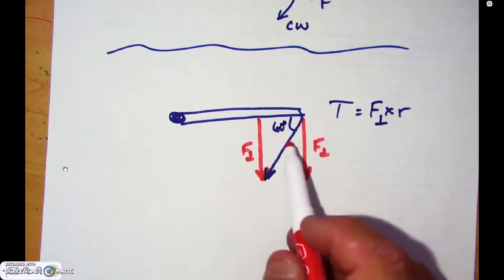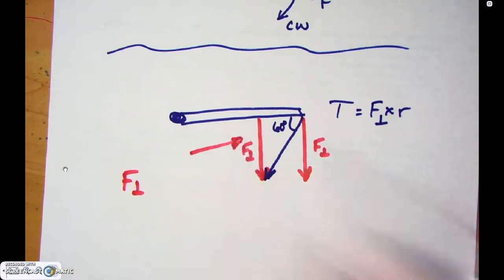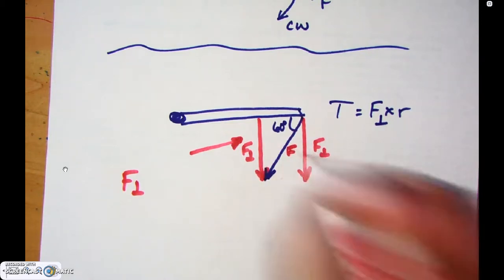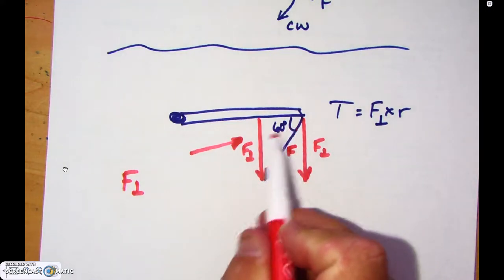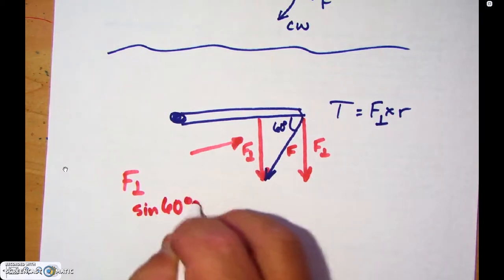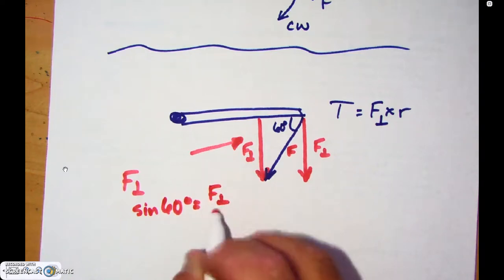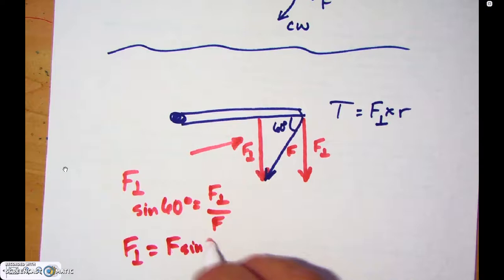Now to figure out what that is, there's two ways to figure out force perpendicular. If I use this triangle, I would say, okay, well obviously the hypotenuse is my F, and it's some portion of F. And it's opposite of the angle, so I would say the sine of 60 degrees is equal to force perpendicular divided by F. So force perpendicular would be equal to F times the sine of theta.